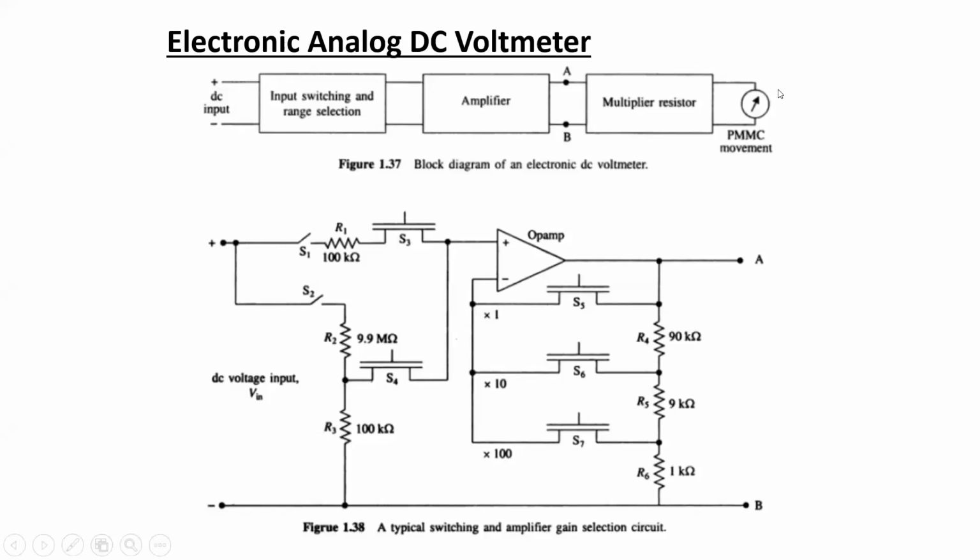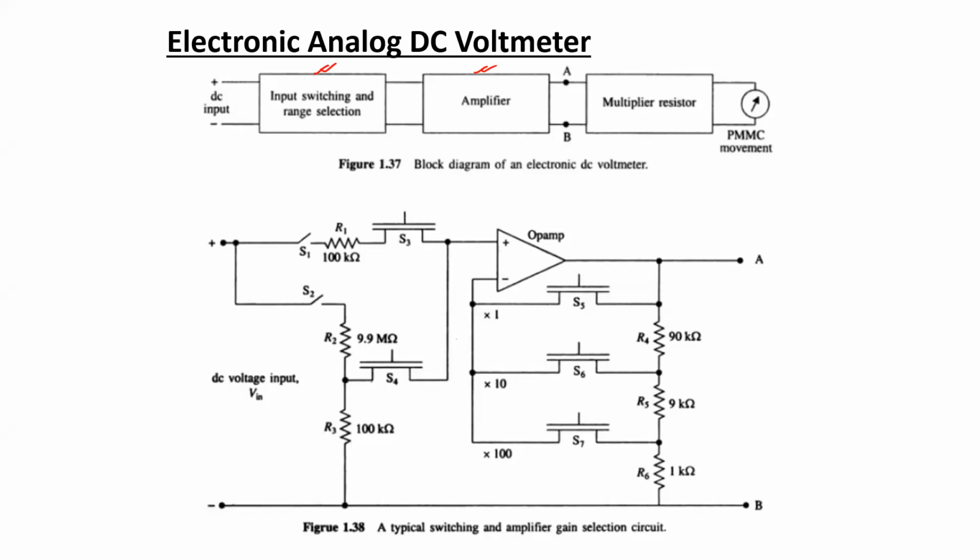Now we are going to discuss the electronic analog DC voltmeter. So in the electronic analog DC voltmeter, some input switching and range selection circuit is associated, which is based on using electronic components, and also some amplifier circuit is used to amplify the input signal.